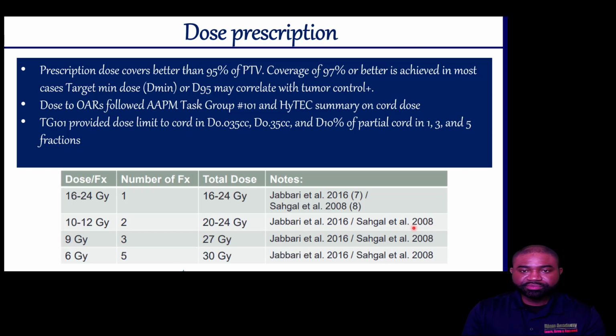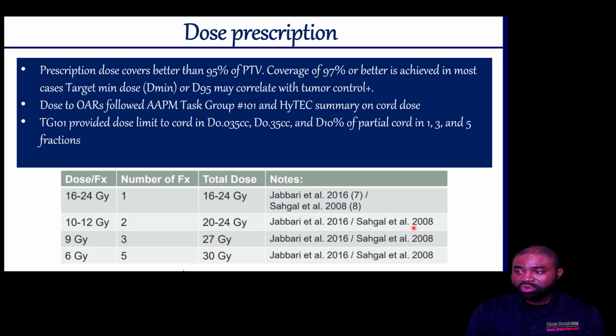Now, the dose prescription. Per recommendation of RTOG 0631, the plan is prescribed to the periphery of the target such that at least 90% of the target volume is covered by the prescription dose, and the plan is typically normalized to the target center. At Henry Ford, we often get a minimum of 97% or better coverage in most of our cases.